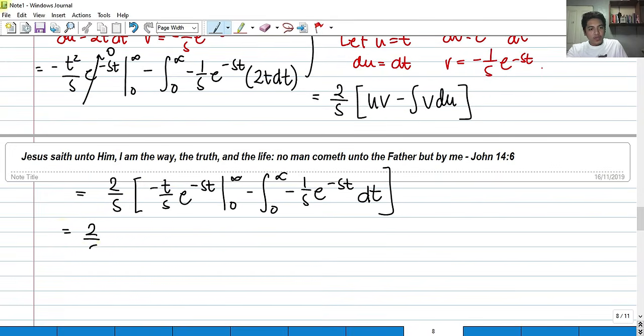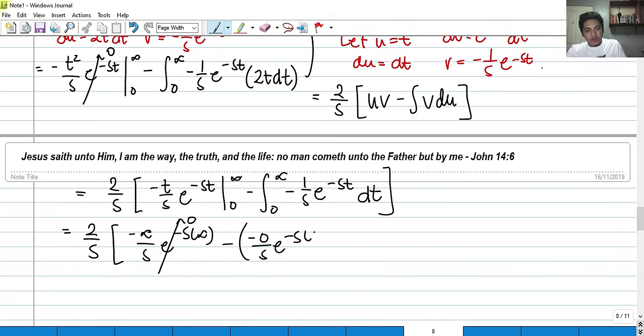So, 2 over s multiplied by, if we evaluate this, negative infinity over s e raised to negative s multiplied by infinity, we know that this is 0, minus negative 0 over s e raised to negative s times 0. We know that this is also equivalent to 0, because 0 times any number is 0. So this whole term is equal to 0.